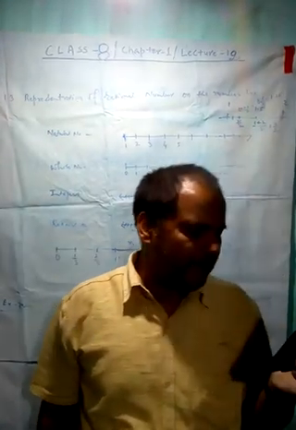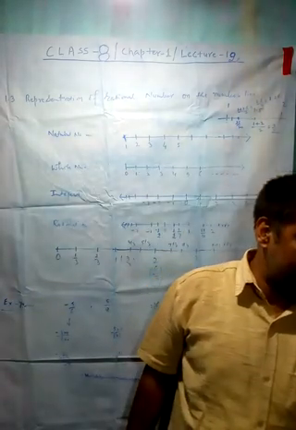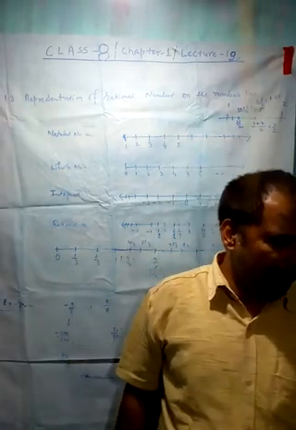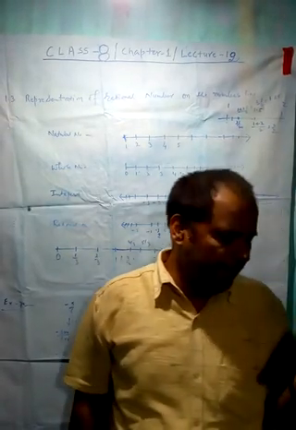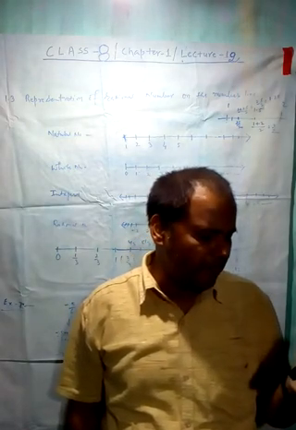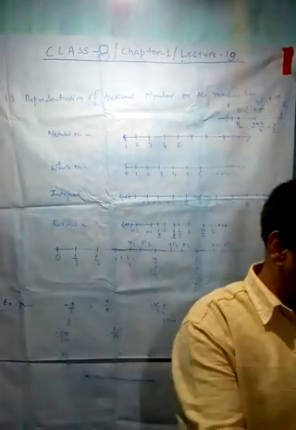We find that between any two given numbers, we need not necessarily get an integer, but there will always lie a rational number. We can use the idea of mean also to find rational numbers between any two given rational numbers. Example number 8.